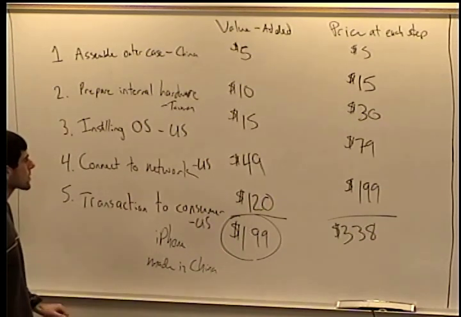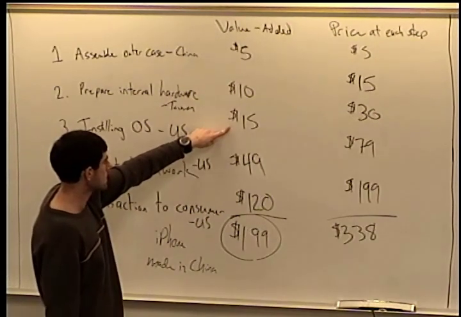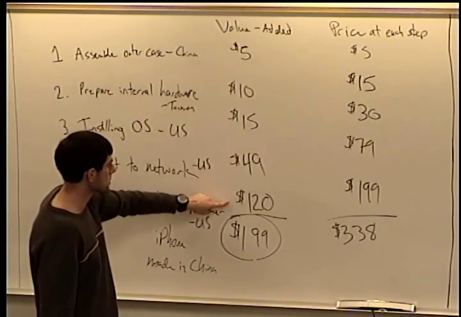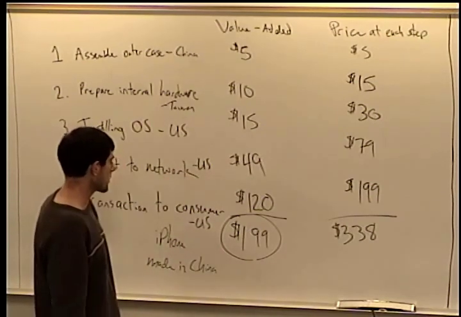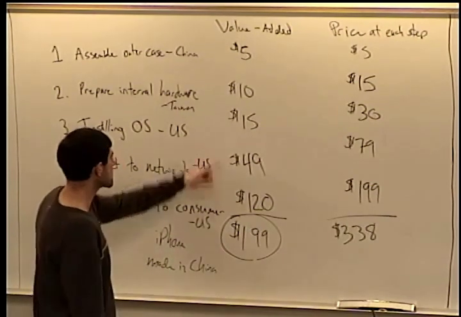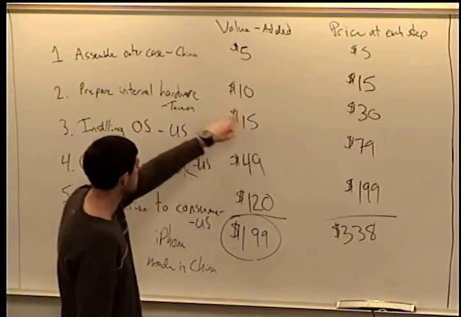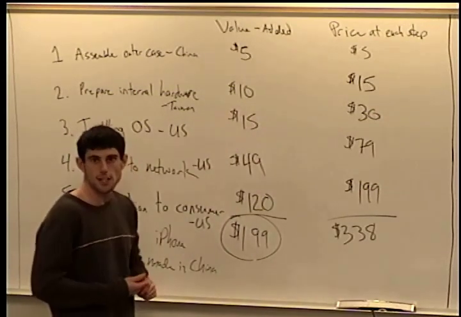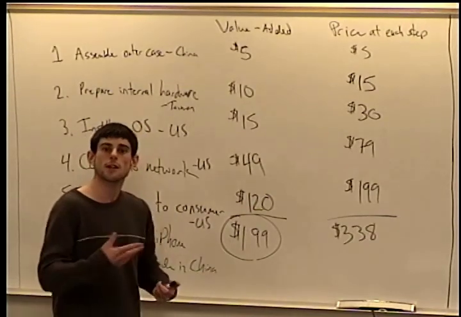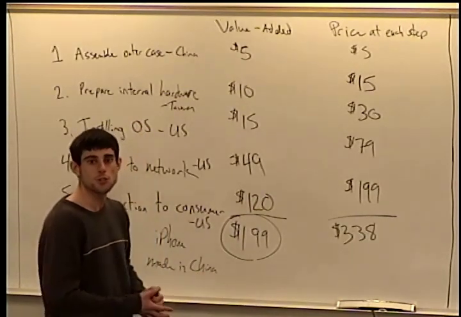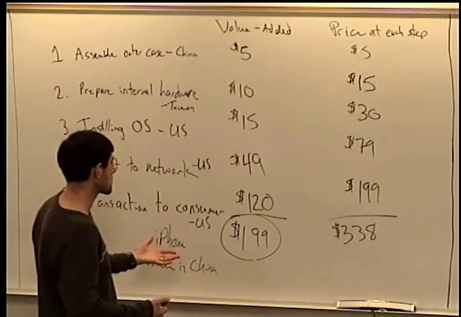So overall, the US could claim that we made 15 plus 49 plus $120 of value in each iPhone. So if we take the value added approach, how much value we added of each iPhone times the number of iPhones that were sold, that will get us how much value we produced total for iPhones as a nation.